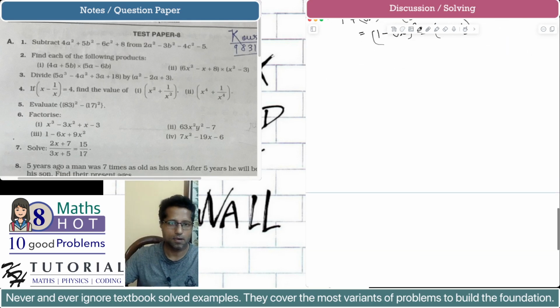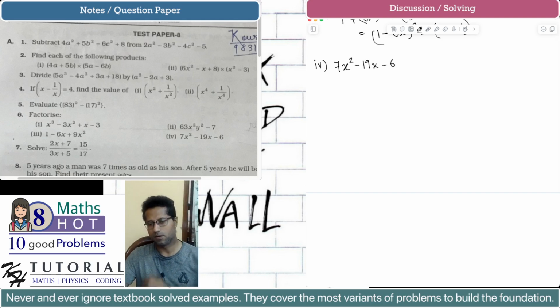Let's do part 4. The expression given is 7x square minus 19x minus 6. So clearly I cannot see any form a square plus b square plus 2ab or minus 2ab, because 7 is not a perfect square, and also the constant term is minus 6, not positive.